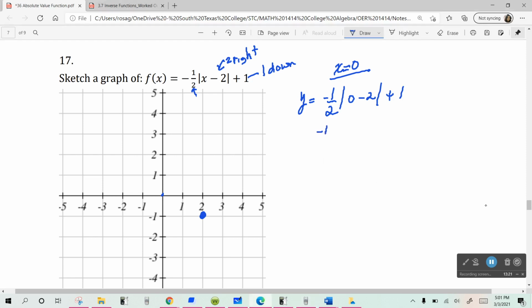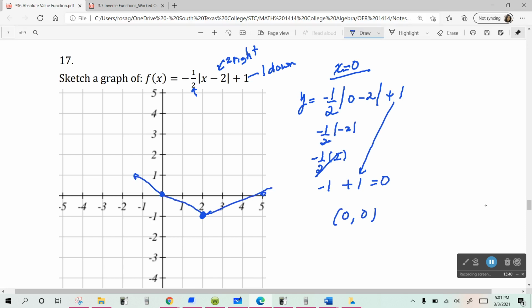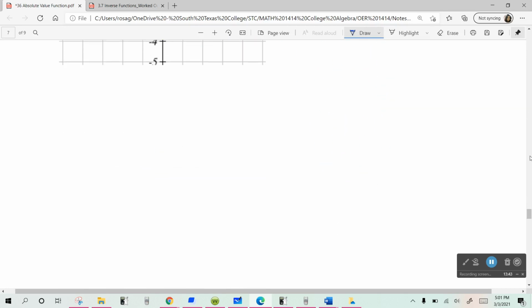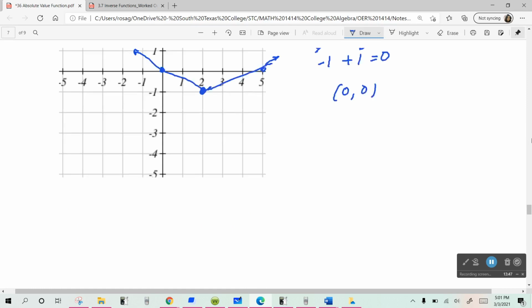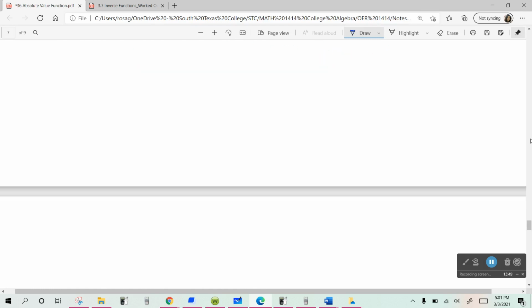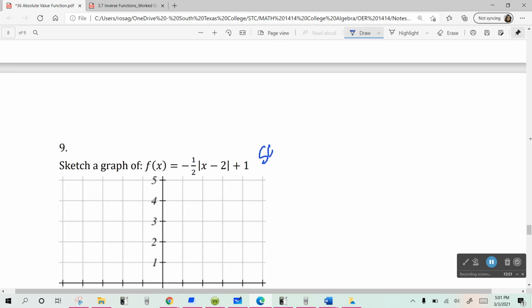If you do it in steps, it would be 1/2 the absolute value of positive, so negative 1 plus 1. So it's 0, 0. That's nice. It's right there. And then with that, MyOpenMath should be able to graph it. Looks the same. Is it the same? Yeah, it's the same.